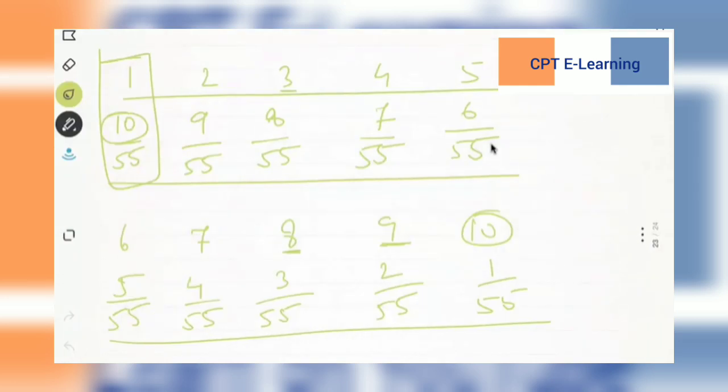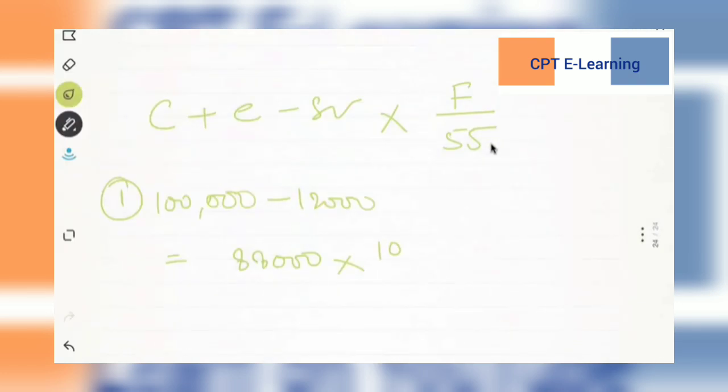They haven't given me any expenditures, so I will consider only the salvage value, which is 12,000. So this comes to 88,000 multiplied by the factor for the first year, which is 10 divided by 55, right? This will be the depreciation of first year. This will give me 16,000.